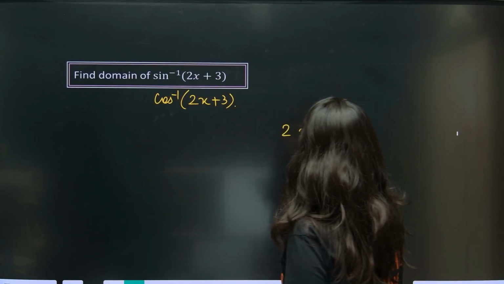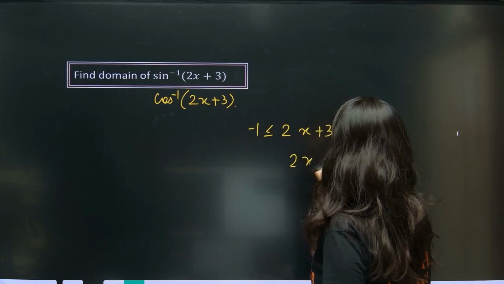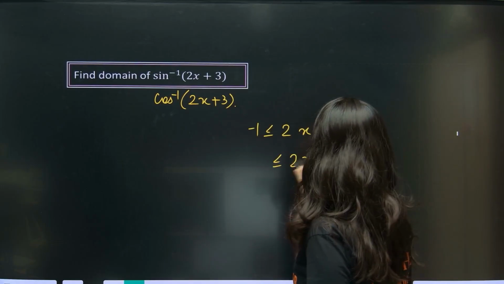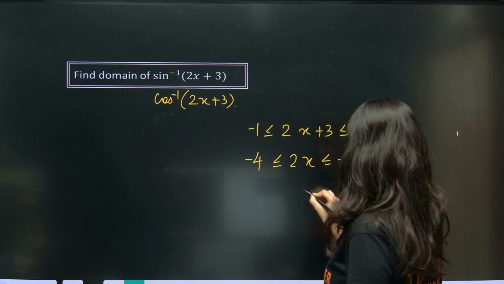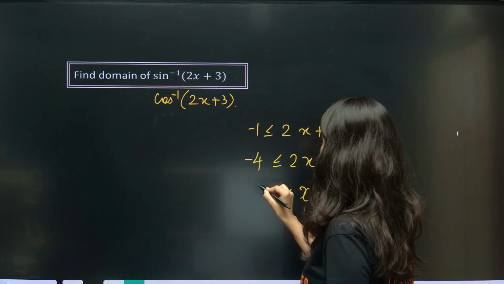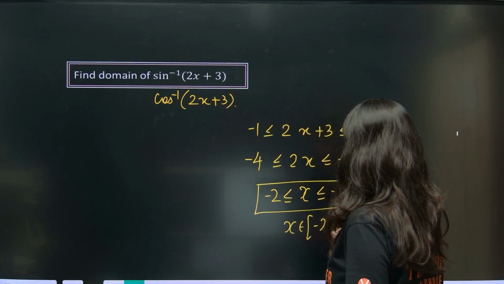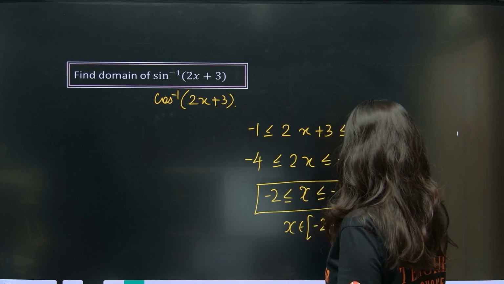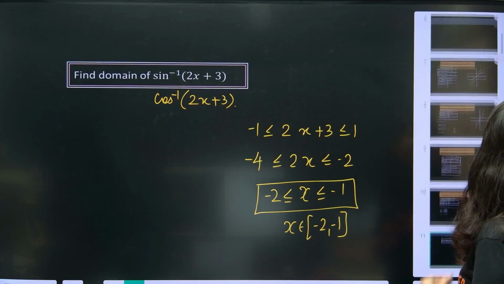Basically 2x plus 3 will lie between 1 and minus 1. 2x will be between minus 4 and minus 2. And then x will be belonging to what? Minus 2 comma minus 1. Okay, alrighty, everybody getting it?